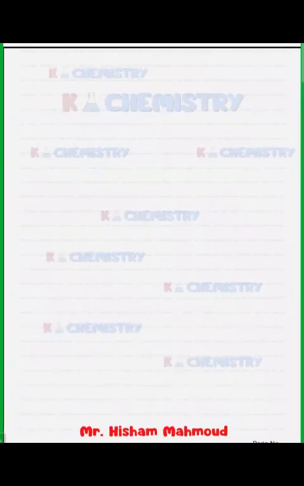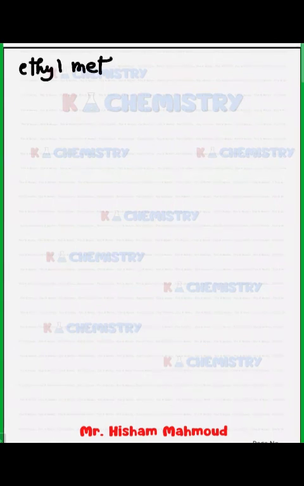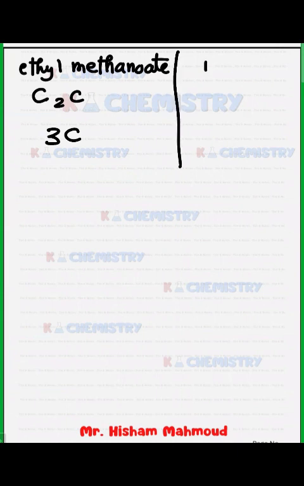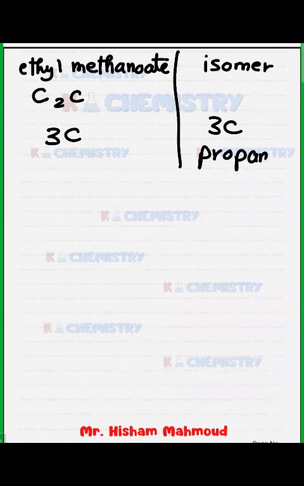Now we can create a big list of isomers the same way. Let's try ethyl methanoate. How many total carbon atoms? 2 from the ethyl and 1 from the methanoate. So total 3 carbons. It will be an isomer with the acid that contains 3 carbons. That's the propanoic acid. Let me give you one more example.